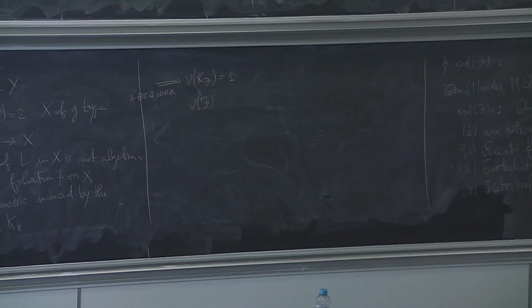So now, what is our foliation? Can it be of Kodaira dimension 1?